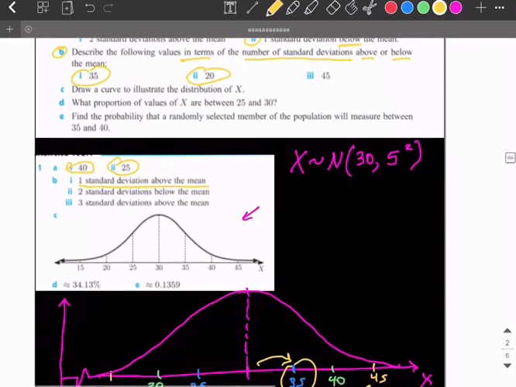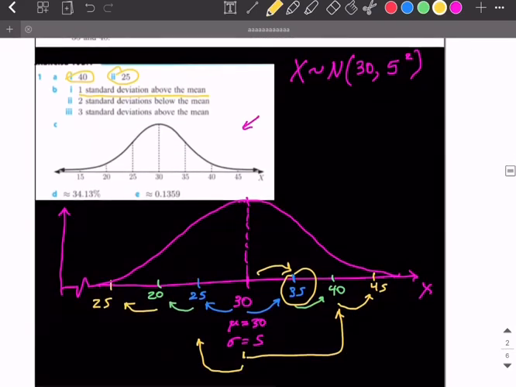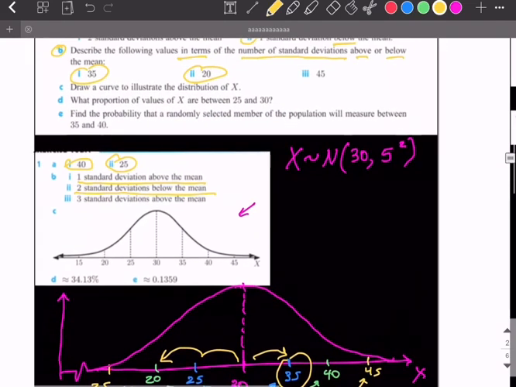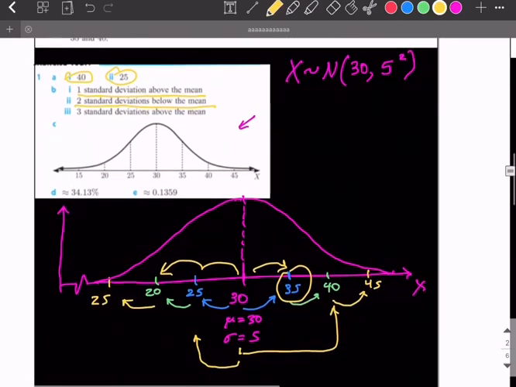I look at my graph. 2 standard deviations below the mean. And let's see the last question, 45. 1, 2, 3 standard deviations above the mean. And that's how you answer this question.